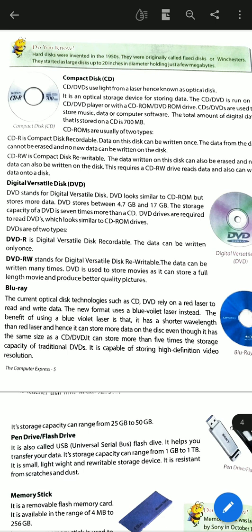DVD drives are required to read DVDs, which look similar to CD-ROM drives. To read DVDs, you need a DVD drive, which looks similar to CD-ROM drives.